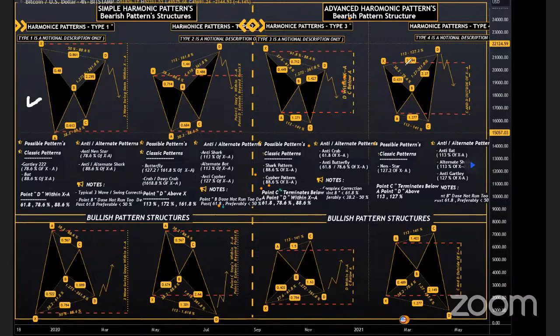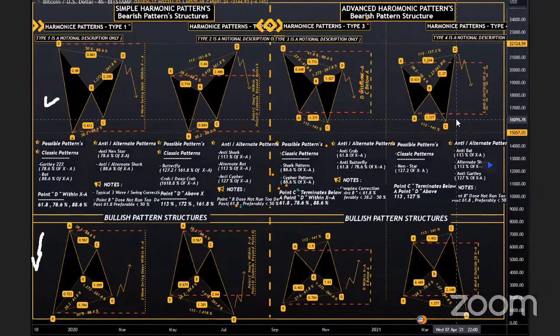So these are the bearish patterns to the upside, and these are the bullish patterns to the downside here. You know what I'm saying? It's just as easy as this. All you have to do is just focus on the chart and see how it works.